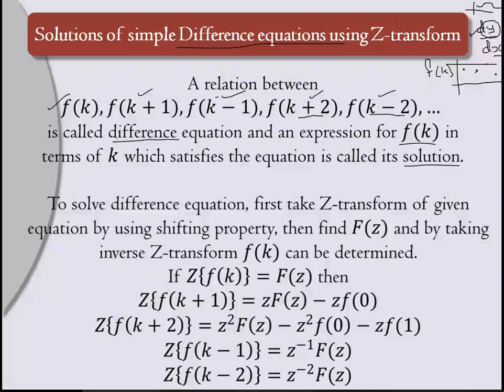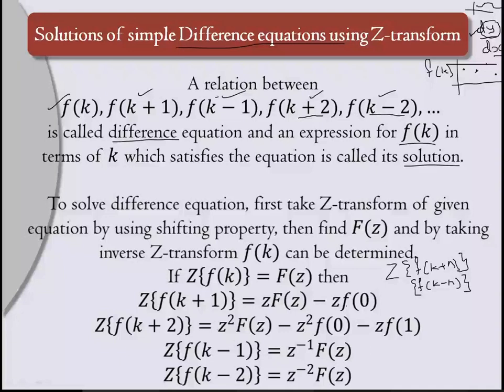I'm just recalling them. We have already taken the properties of Z transform: the formula for Z transform of f of k plus n, and the formula for f of k minus n. If Z transform of f of k is equal to F of z, then Z transform of f of k plus 1 is equal to z F of z minus z f of 0.